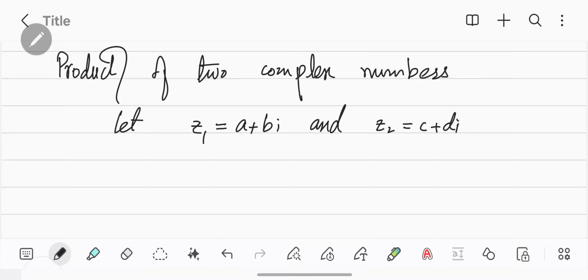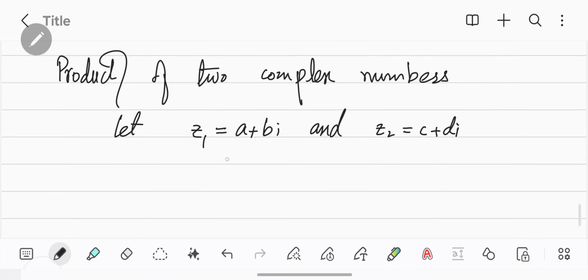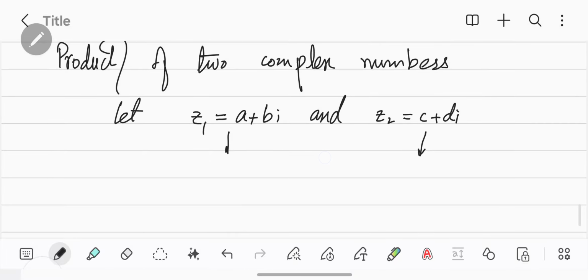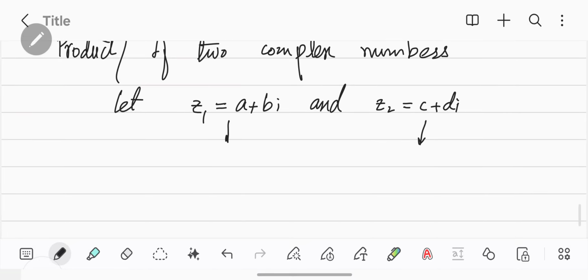the Cartesian form, but we have to first convert both of the complex numbers into the polar form or trigonometric form, just like we did a couple of videos ago. So we will convert them into the trigonometric form, then we will multiply them.